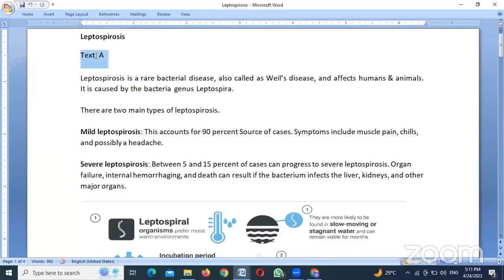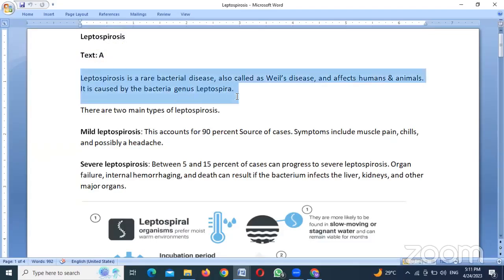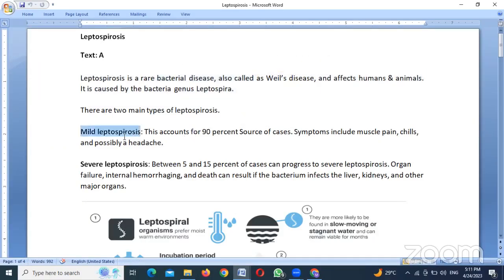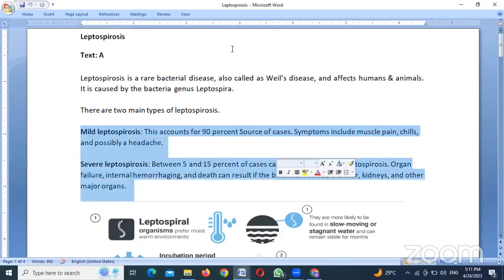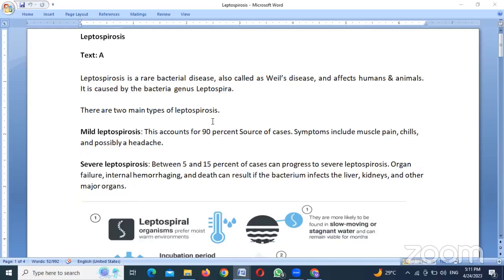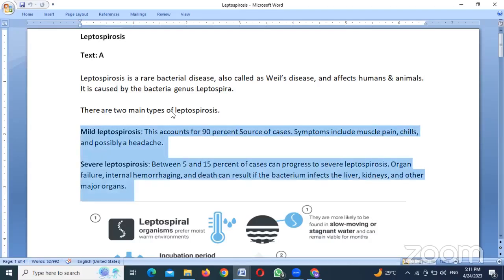So in text A, they're just talking briefly about what leptospirosis is. Here they're talking about the classification into two types. Can anybody tell me quickly which types? Mild and severe leptospirosis. Okay.